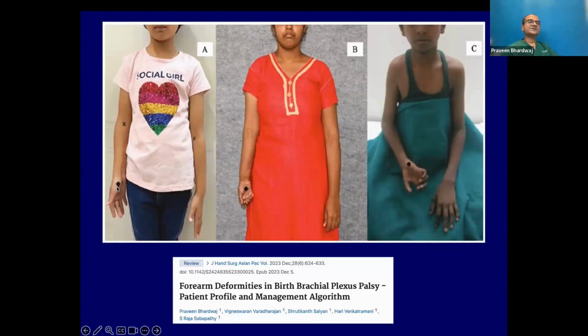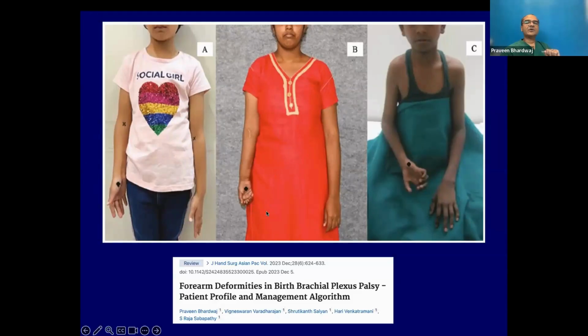If the thenar eminence is seen anteriorly, that means it is a mild deformity. Normally, when a person stands, it is the dorsum of the thumb which will be facing front like this. This is a mild deformity which often can be corrected by tendon transfer. A moderate deformity is where the palm is facing front.